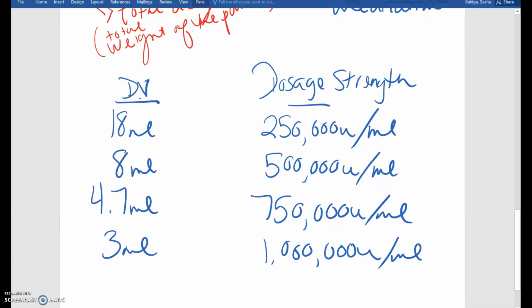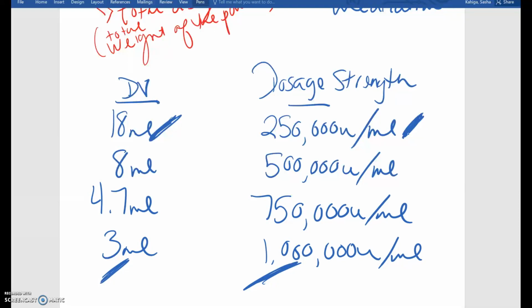Now let's look at these numbers. If you look at the diluent volume, the lower the diluent volume is, the higher the concentration is. The higher the diluent volume is, what? The lower the dosage strength is. Meaning that technically the more water you add, what do you think is happening to the concentration or the dosage strength?